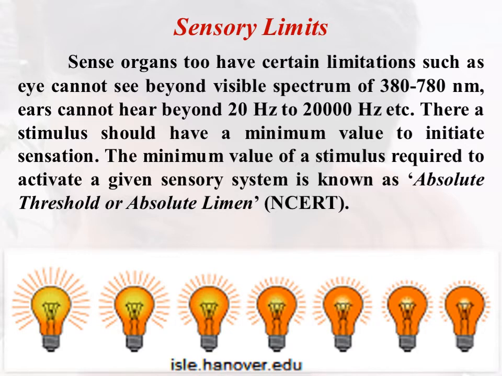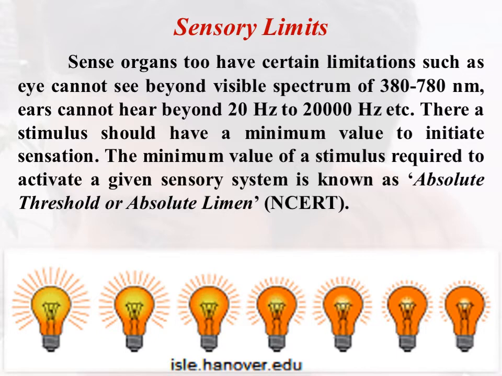Now, a stimulus should have a minimum value to initiate a sensation. It is not that any stimulus can initiate a sensation. That stimulus, whether visual, auditory, tactile, olfactory, or the fifth one, should have a minimum value so that our sense organs can be activated.